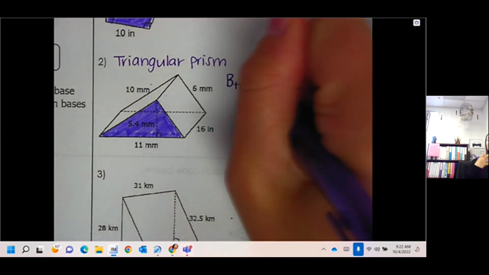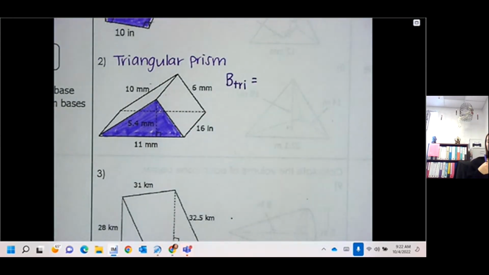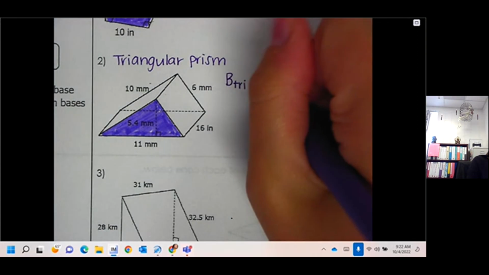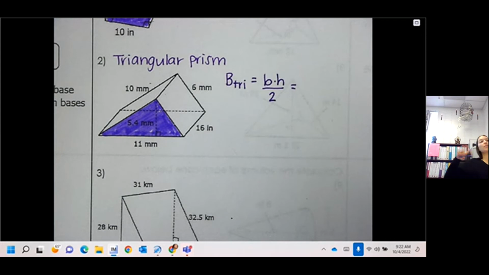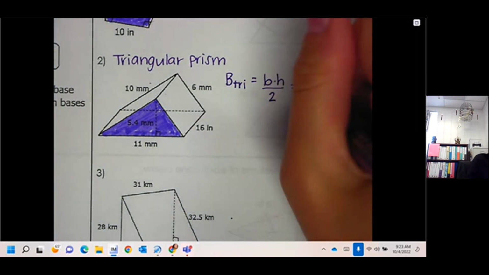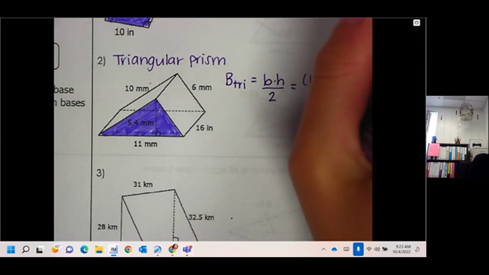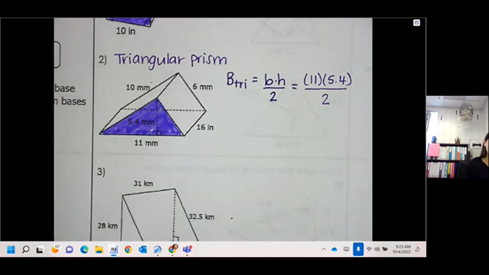So how do you find the area of a triangle? Base times height divided by 2. Great. So looking at just the purple triangle and nothing else, what's the base and the height of just that triangle? 11 and 5.4. Just the purple triangle. Okay, so we multiply those two together, and then we divide that by 2.